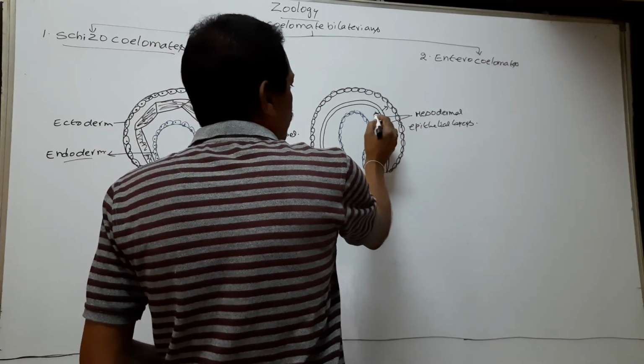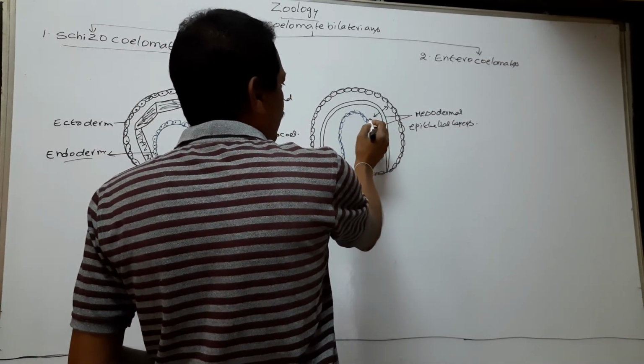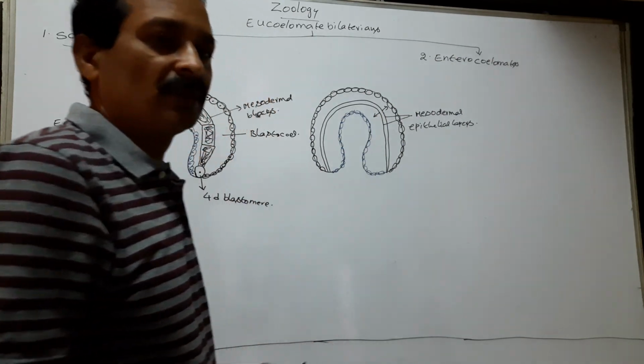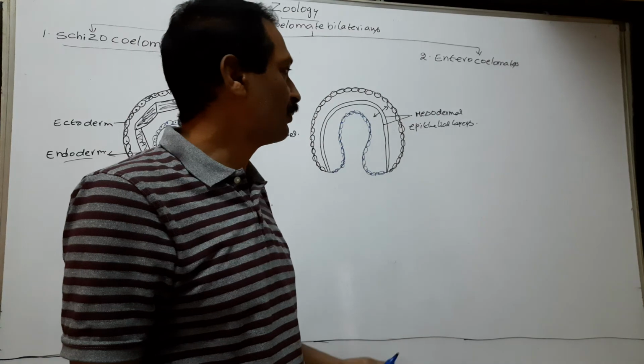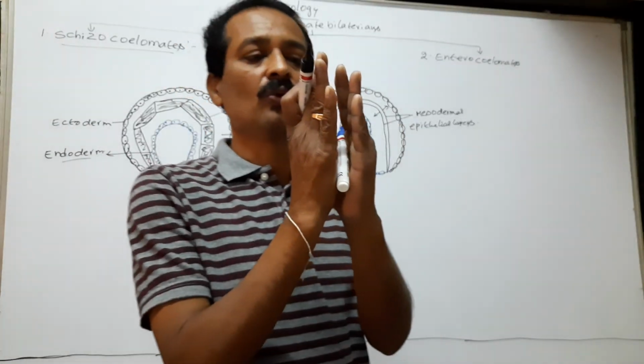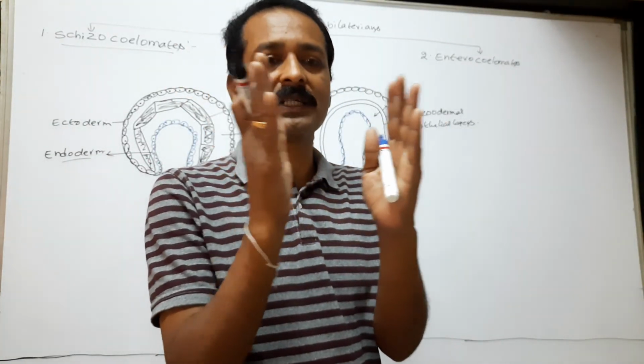The inner mesodermal epithelial layer moves to the endoderm. So the two mesodermal epithelial layers move in opposite directions.